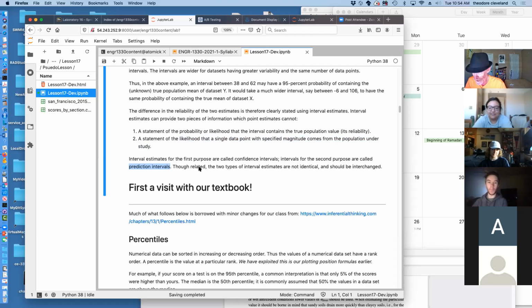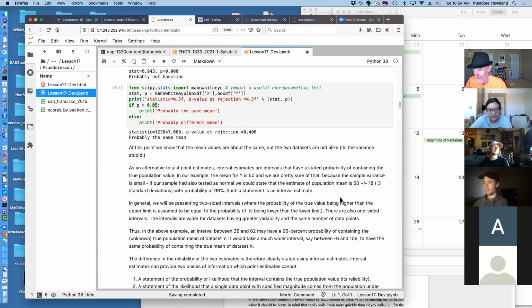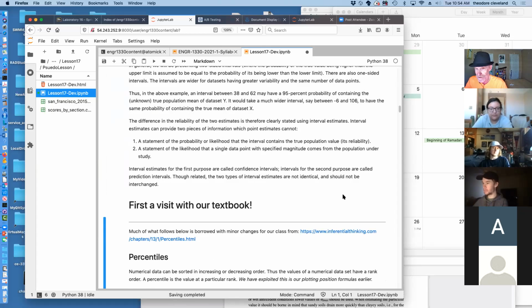Although they're quite related, the two estimates are not identical, and should not be interchanged. It's terrible when you have to mess with your English live. Although they're related, they shouldn't be interchanged.